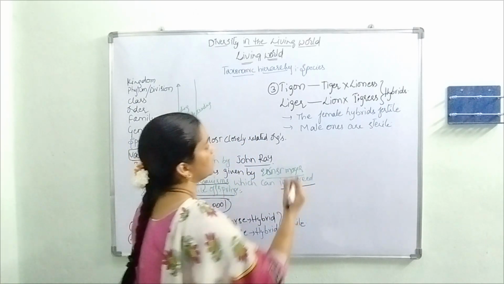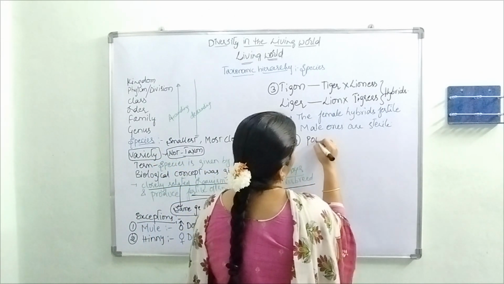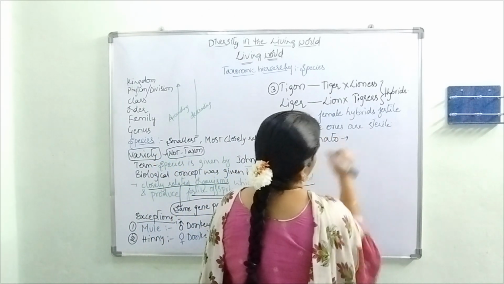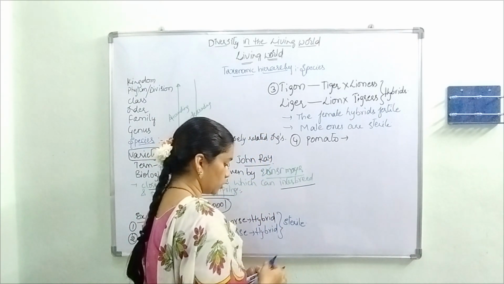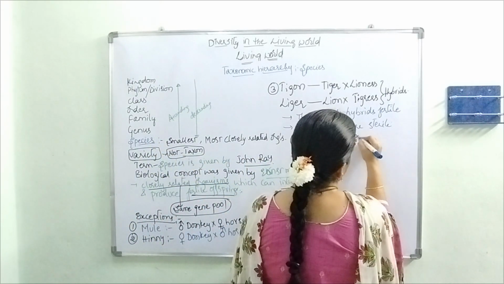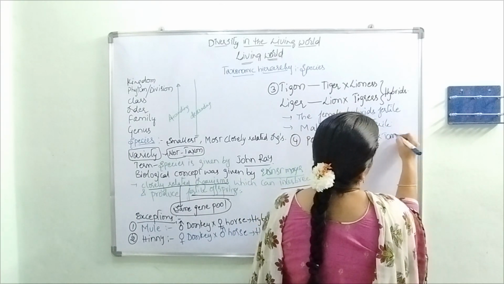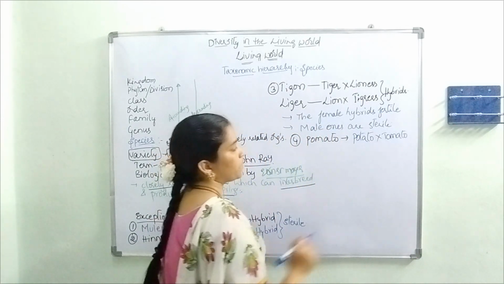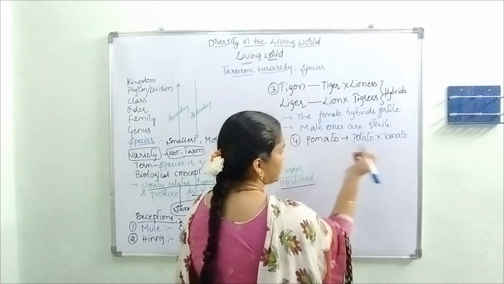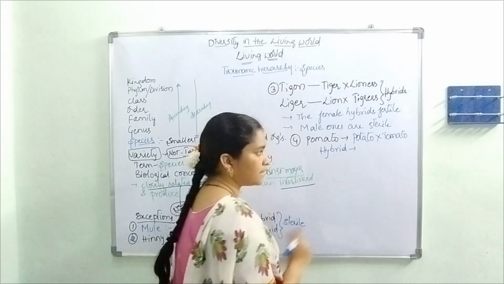Next exception is pomato. It is a result of a cross between potato and tomato, so it is a hybrid. Is it fertile?